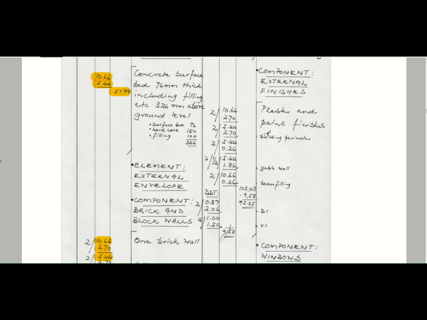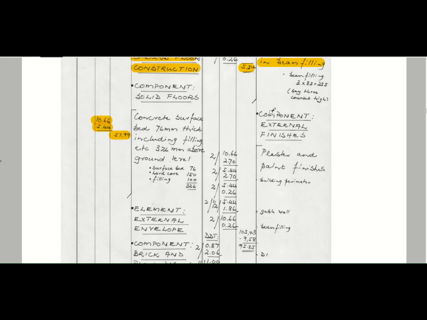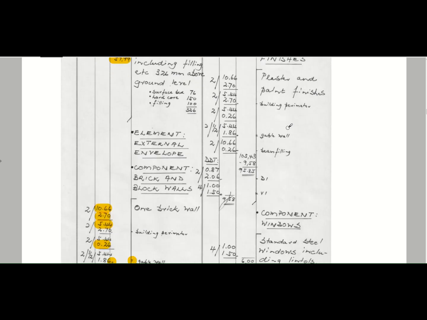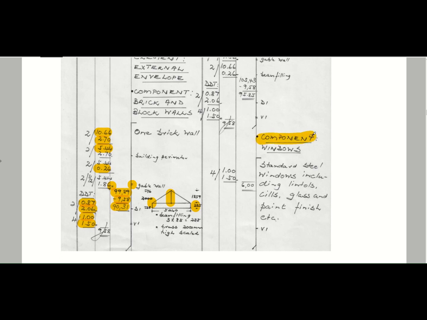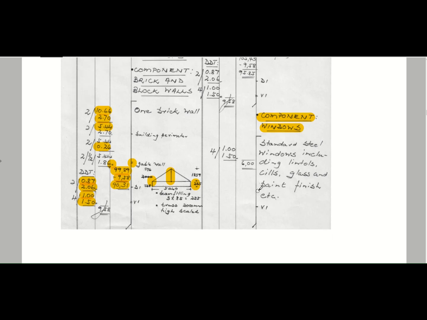Okay, so then you will see that the measurement will go through your component external finishes and your component windows, etc. Standard steel windows including lintels, sills, glass, paint, finishes, etc. In the elemental estimation, we usually measure it in number.